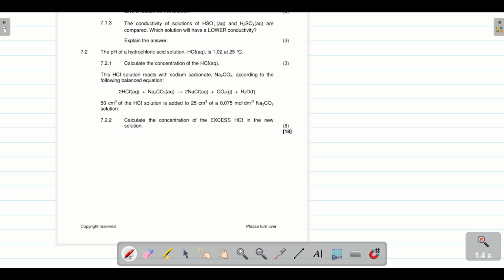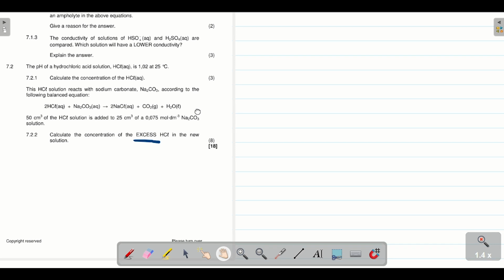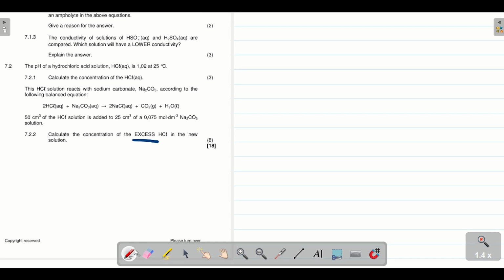So as you can see, they put excess in capital letters. That's very important. If they do so, anything bold, anything capitalized needs to be paid attention to. So what does excess mean? Excess means that there's more than enough, which lets us know that hydrochloric acid is not the limiting factor in this reaction.